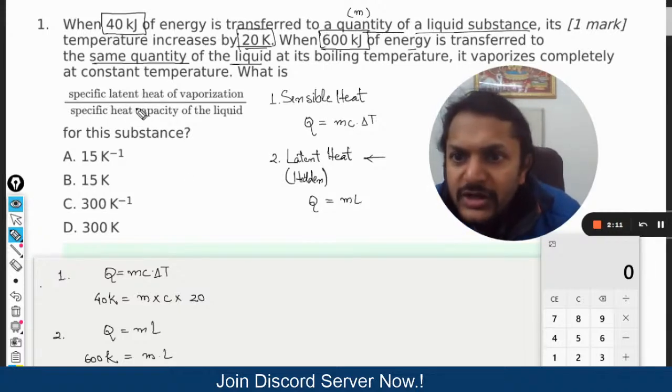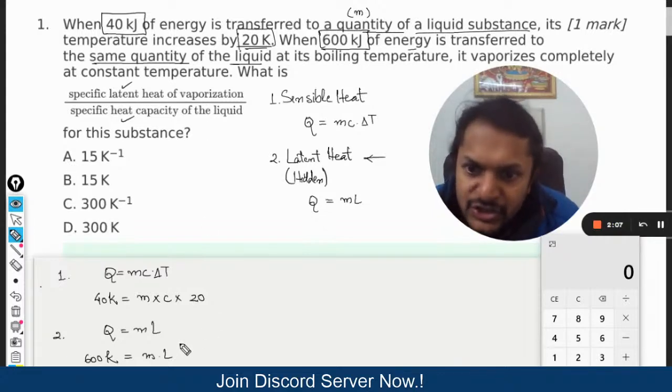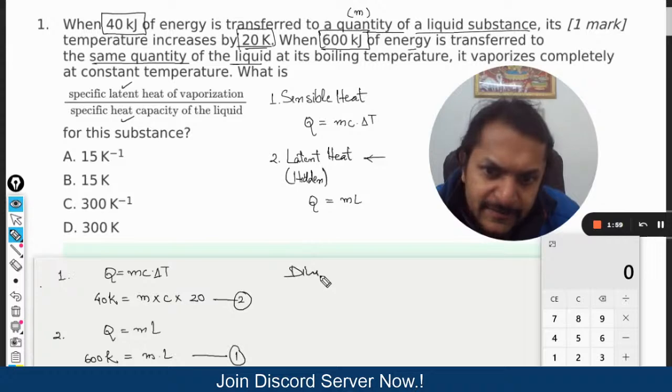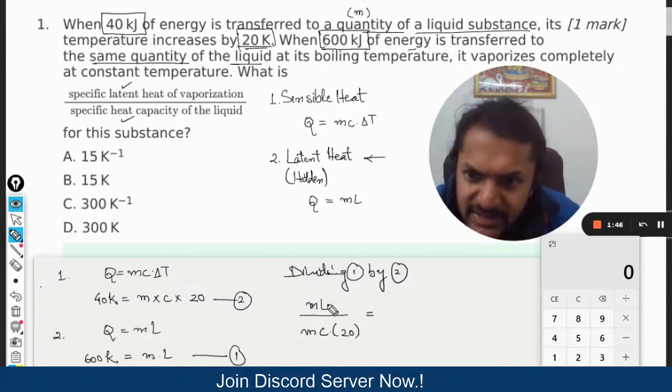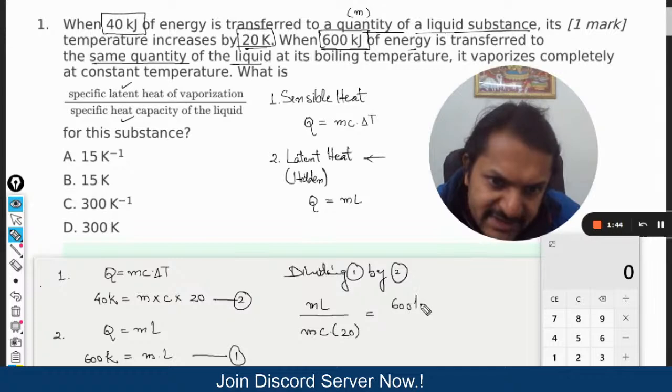So now what we want is the ratio of latent heat to the specific heat capacity of the liquid. So we will divide these equations. This will be equation number one, this will be equation number two. Dividing the second equation by the first, what we get is m into L divided by mc delta T is equal to 600K divided by 40K.